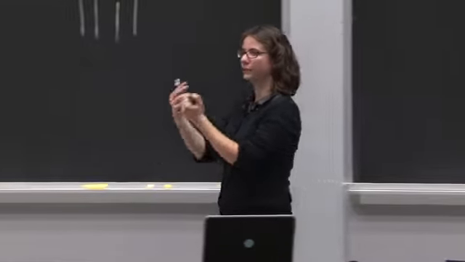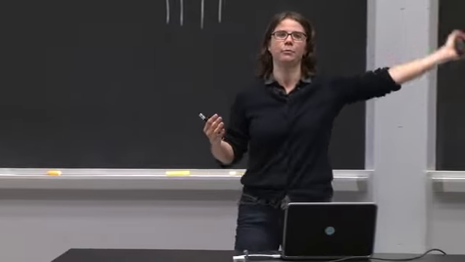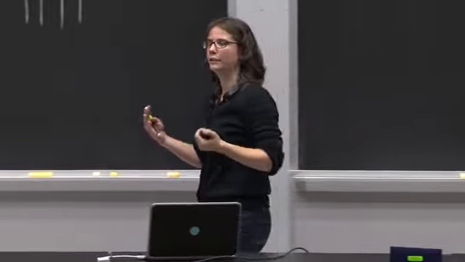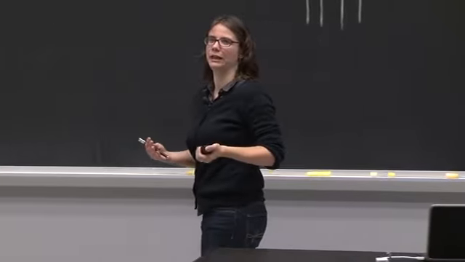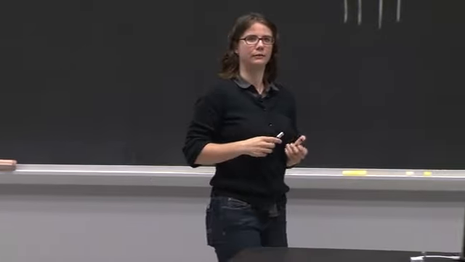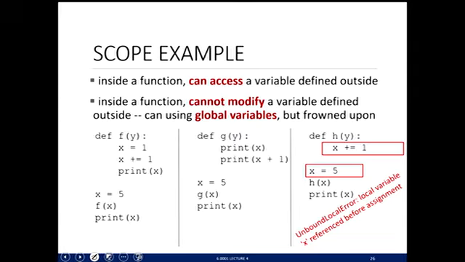Using global variables, you can be inside a function and then modify a variable that's defined outside of your function. And that defeats the purpose of functions and writing these coherent modules that are separate. Okay? That said, it will sometimes be useful to use global variables, as you'll see in a couple lectures from now.